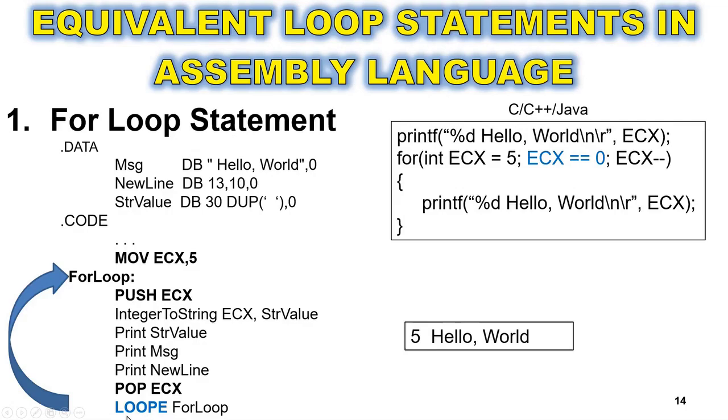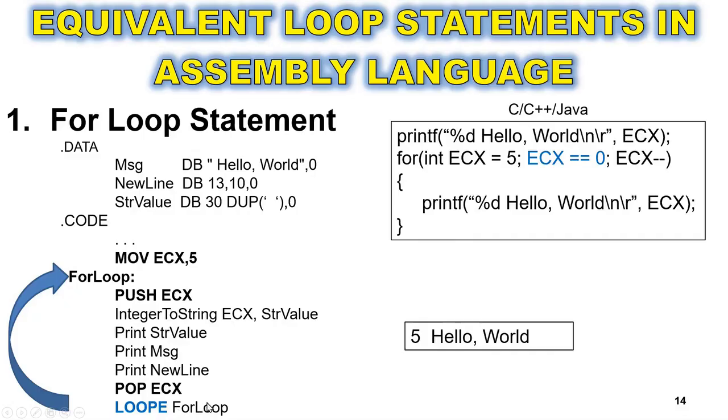Then the CPU will execute that loop E. But the condition of this loop E is that if the present value of ECX is equal to 0, it will jump to the label for loop. However, the present value of ECX right now is 4, because the loop E command first subtracts 1 from the present value of ECX, 5, so it becomes 4, and then it compares whether it is equal to 0.